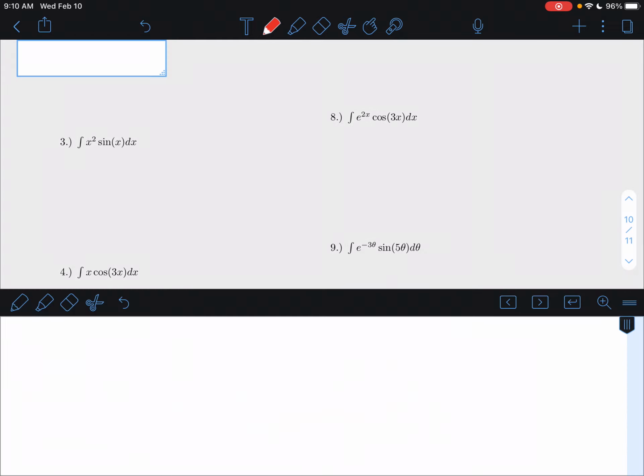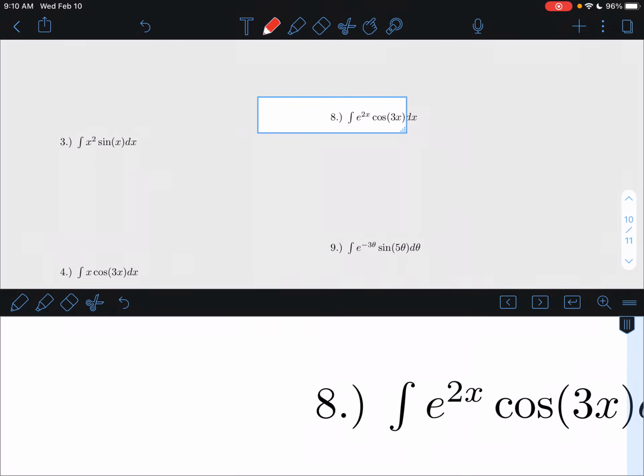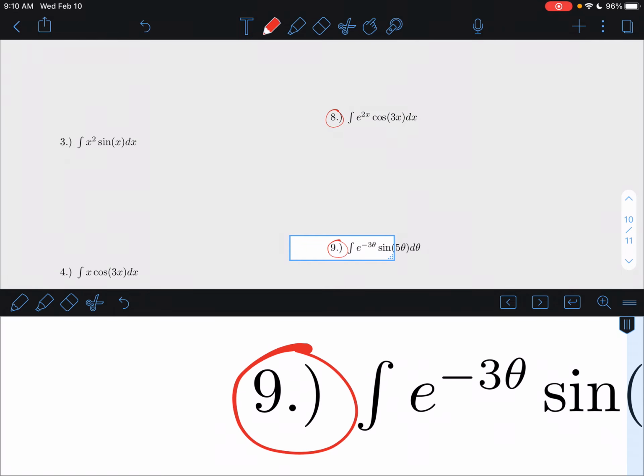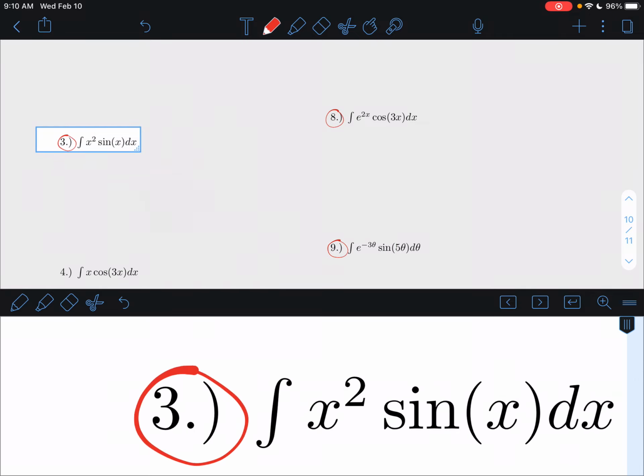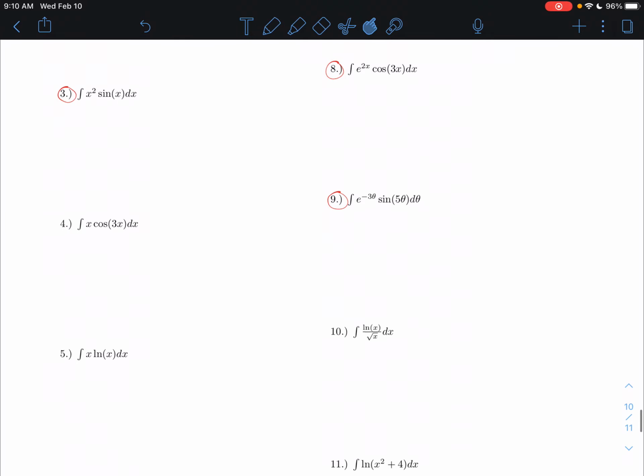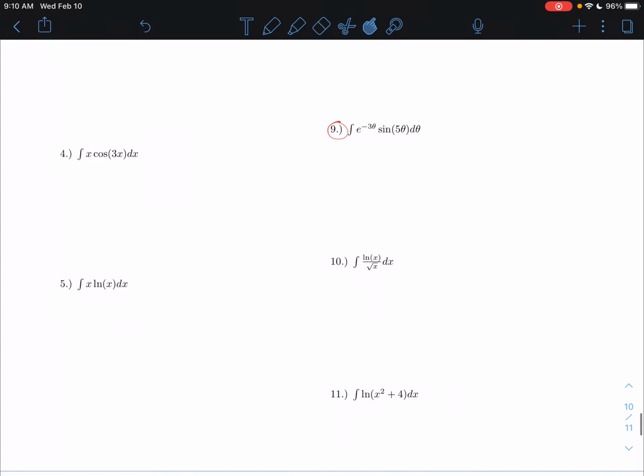So numbers 8 and 9 use the cycle method. And then I use the table method for numbers 2 and 3. So yeah, if you need any help with any of these, feel free to just message me on Schoology, let me know.